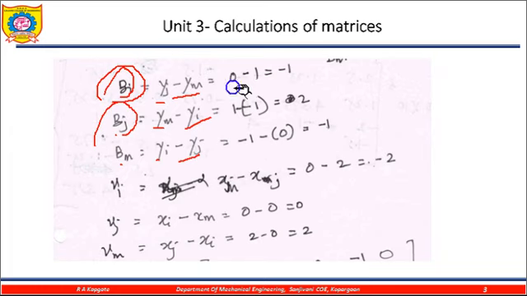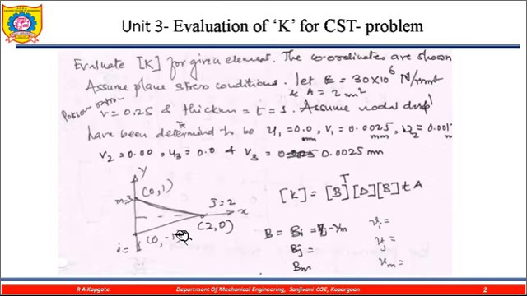So put the values of yj. Now what is meant by yj and ym? Here yj is the y coordinate of node j, so yj minus ym.